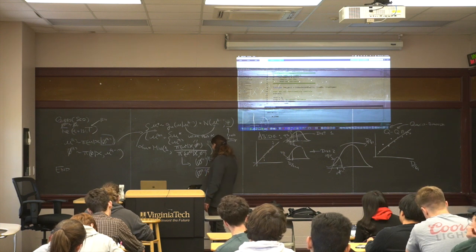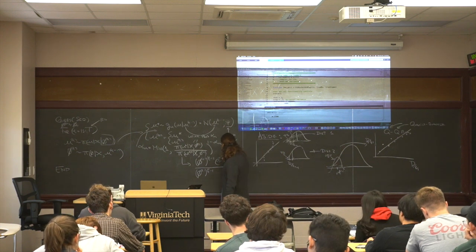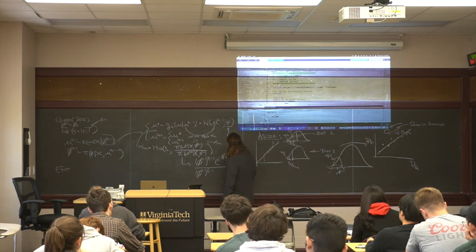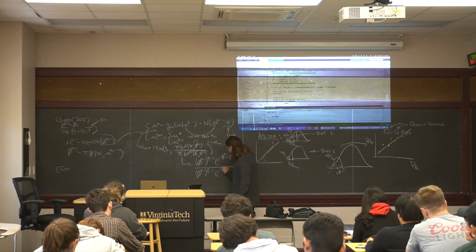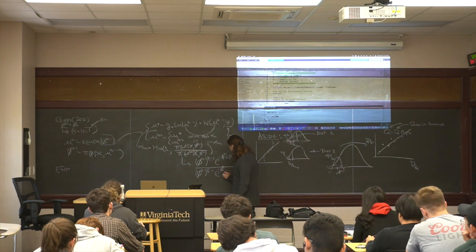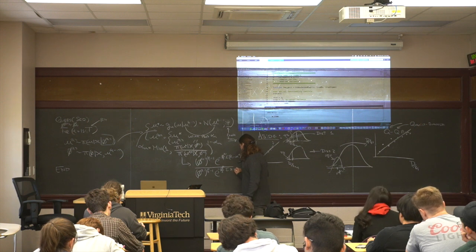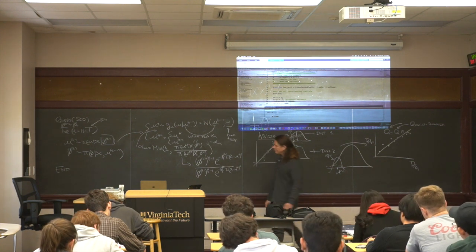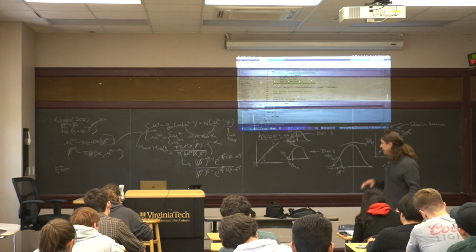I probably would not code this up because I have immediate cancellation. e to the minus phi t over 2 times the sum of the xi's minus mu star squared, times e to the minus phi t divided by 2 times the sum of xi's minus mu t squared. That's it. That's all I would code up there.